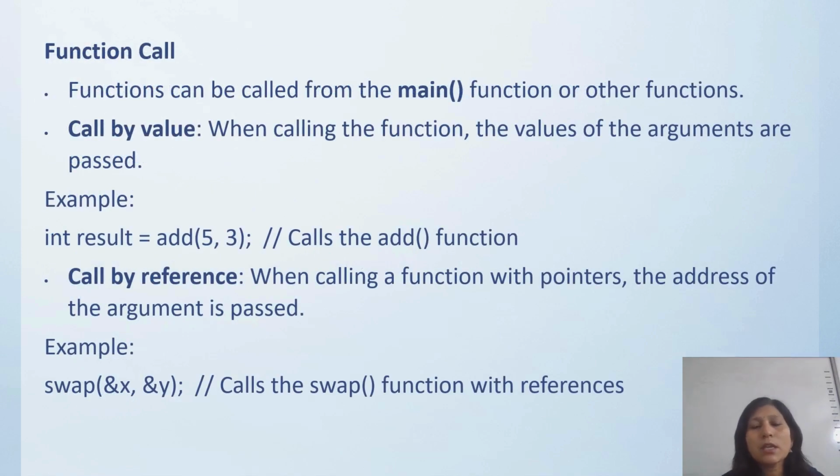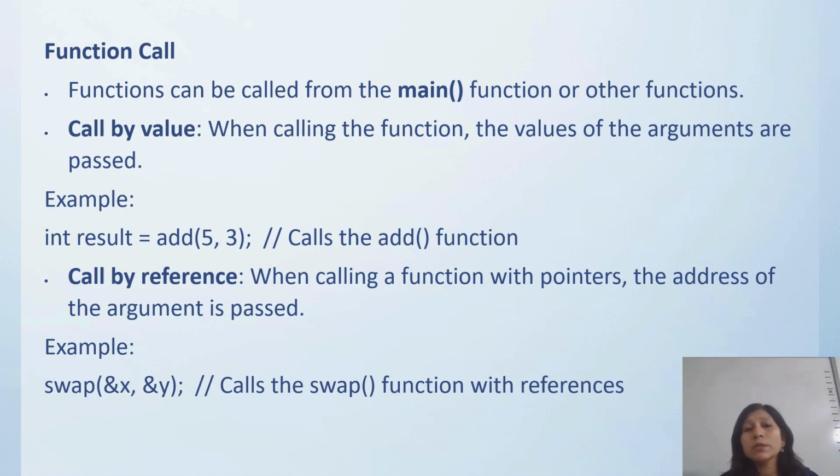The next one is function call. What is the meaning of calling? Calling means we are invoking a function, activating a function. Using a function call, we can call any function any number of times, and it can be called from anywhere. These can be of two types: call by value and call by reference.